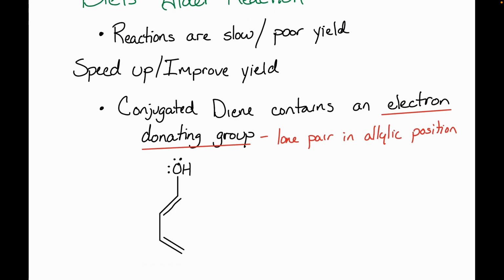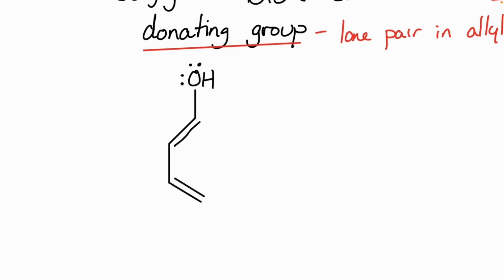And why are these called electron donating groups? Well, because I can draw a resonance structure where this group is giving a pair of electrons to that conjugated diene, right? I can draw resonance where that pair of electrons comes down. I can't stop there because then that carbon has too many bonds, so I just have to kick them all down the line here. This pair of electrons moves over, and finally this pair jumps up on that carbon.